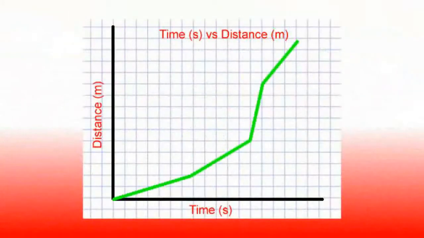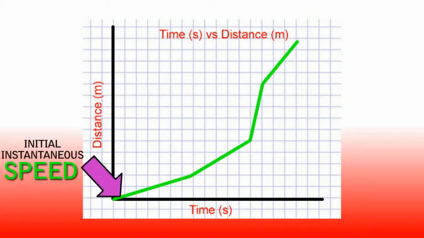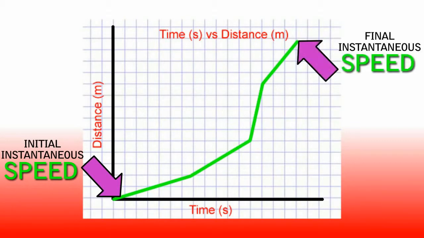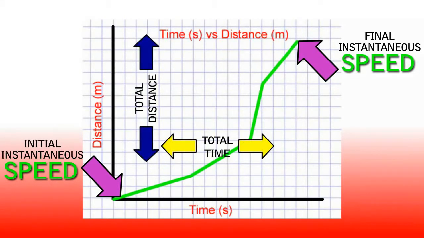When you describe what just happened, you're describing the initial speed and the final speed averaged together over the entire time and the entire distance that was traveled.